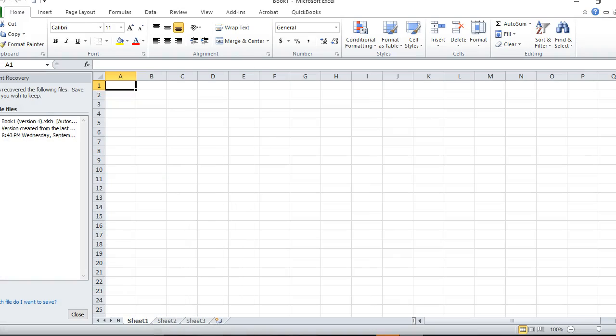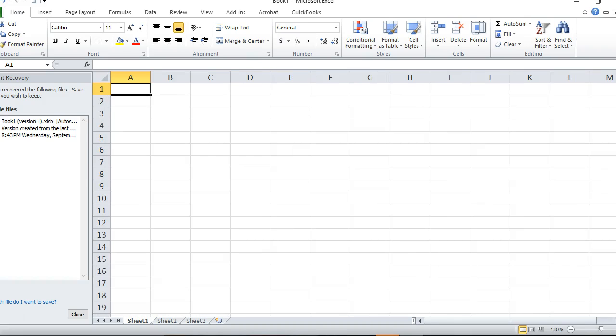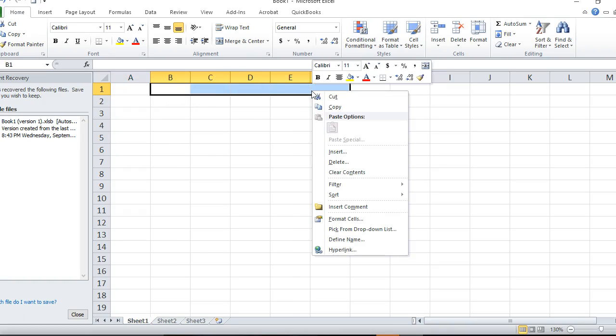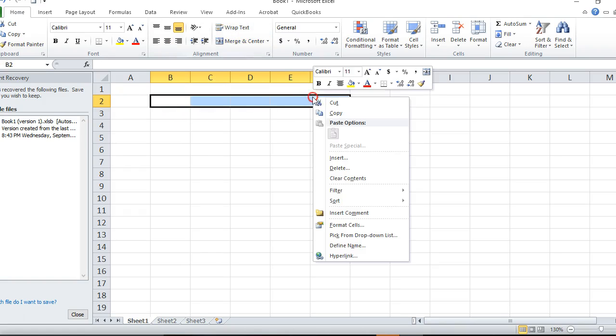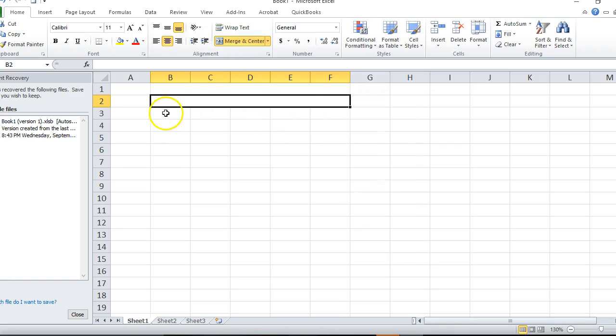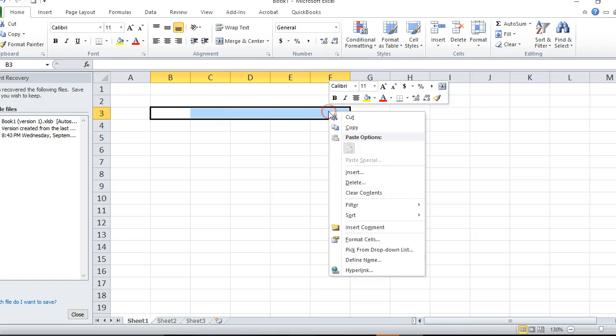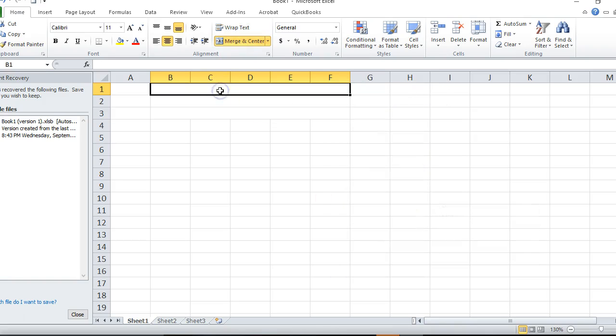Okay, so let's create this multi-step income statement. The first thing we're going to do is show what report we're creating. I hope you remember that it's so important to always have the title of the report so we know what we're looking at.